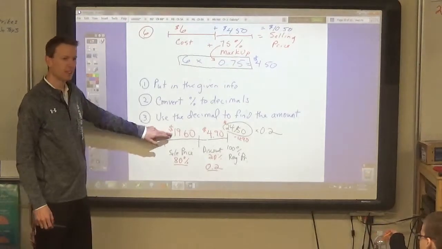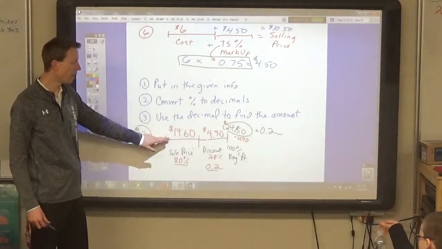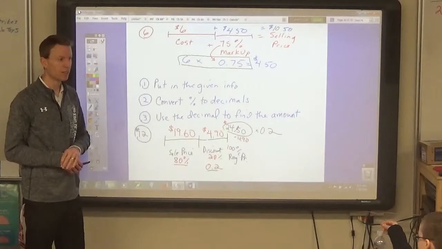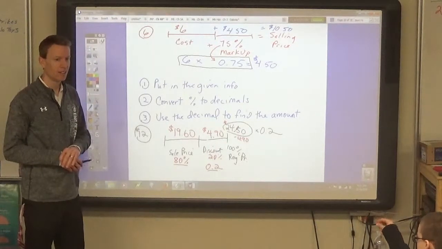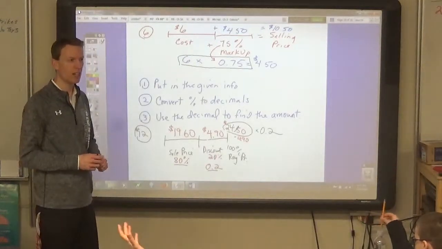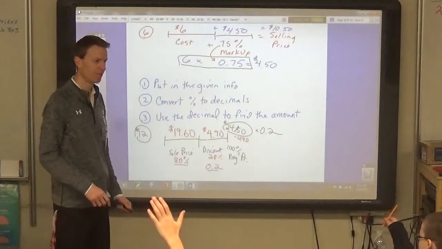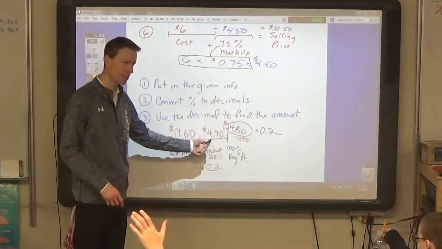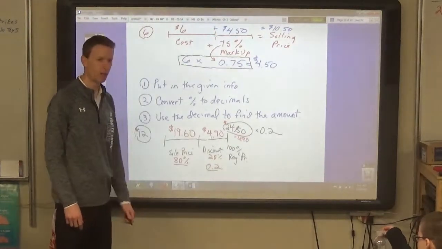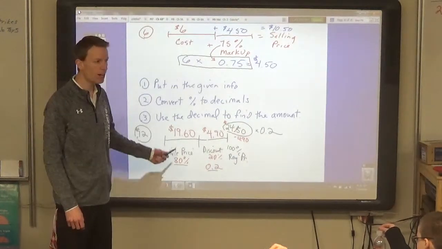To check yourself, check your numbers, the sale price plus the discount should equal what? The regular price. Yep. The sale price plus the amount of discount should equal the regular price. Once you find this, you should be able to check your answer. Okay? Any questions on this?